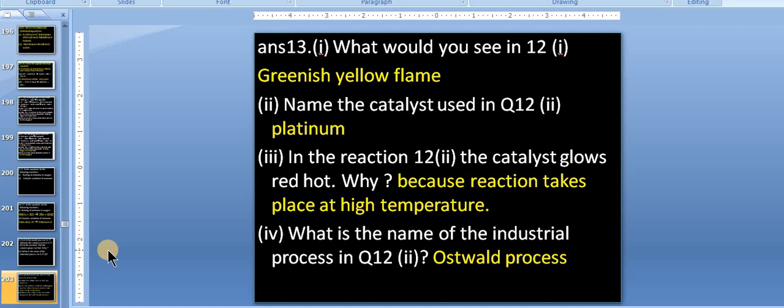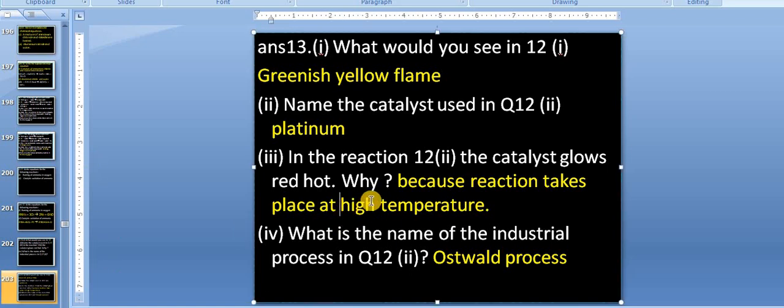The council made a correction. Okay, leave it. What I want to say is that you write either greenish yellow or green. That's all. Don't go for others. If you want to, it's your wish. Now, because the reaction takes place at high temperature, it means the reaction is exothermic. Don't write that the reaction is at high temperature; write that the reaction is exothermic.